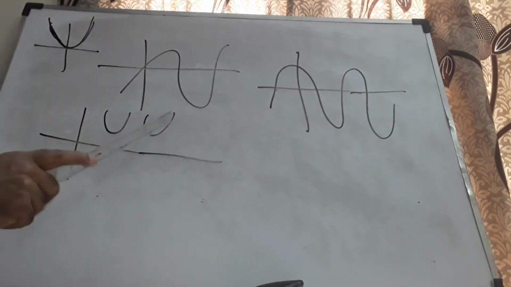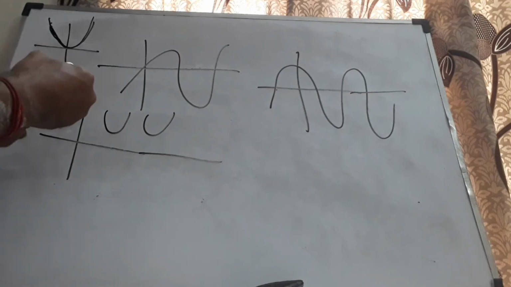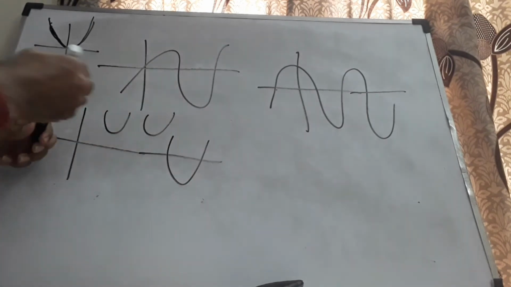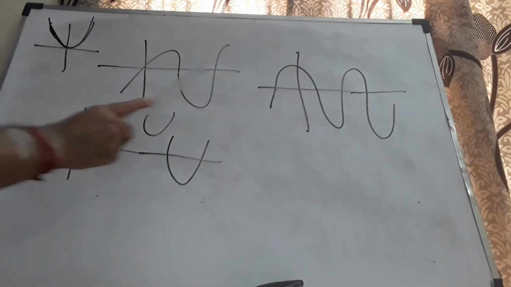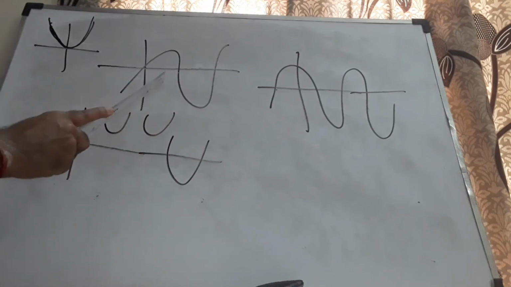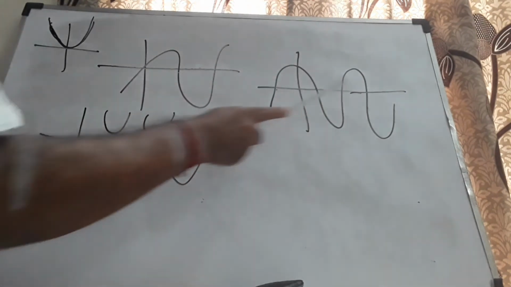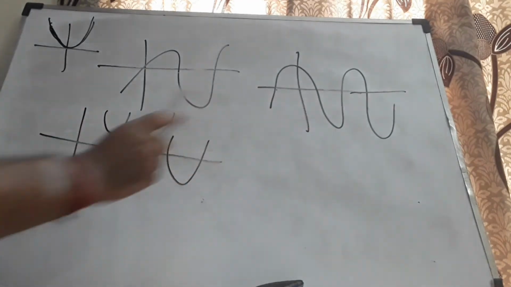If it intersects the x-axis at 2 points, I have 2 real zeros which are distinct. If I have a parabola which touches the x-axis, I have 2 real zeros which are equal. I have a curve like this, 1, 2, 3, there are 3 real zeros, it intersects the x-axis at 3 points. 1, 2, 3, 4, it intersects the x-axis at 4 points, I have 4 real zeros.